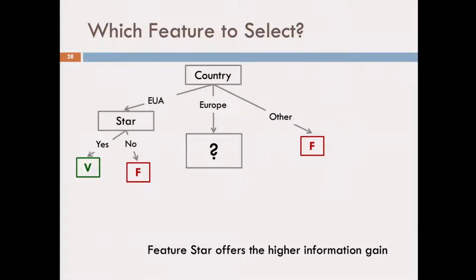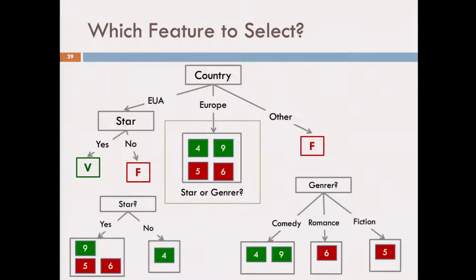Okay. Now we are going to do the same thing for the other subset. So if we look here in this remaining subset, if we choose the feature star to be put here, the division will result in these two subsets.